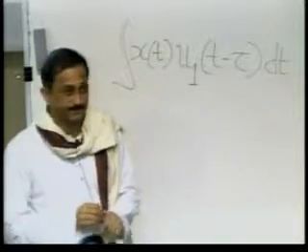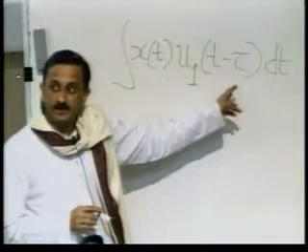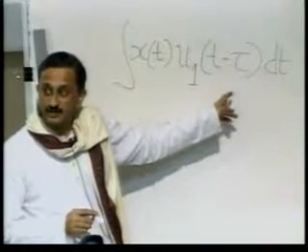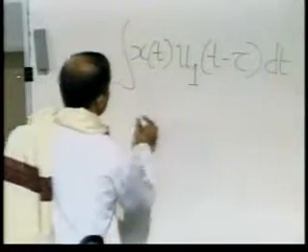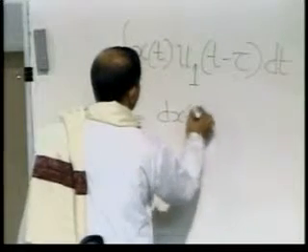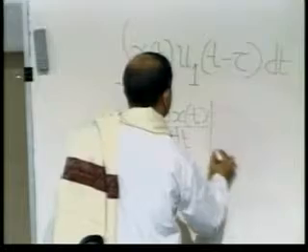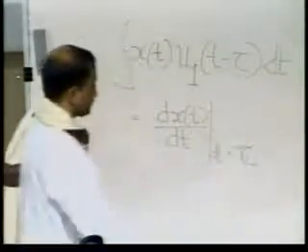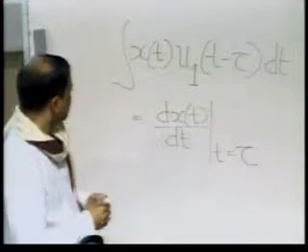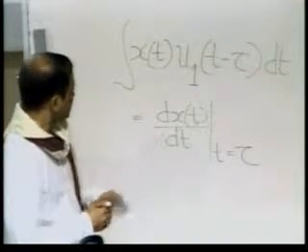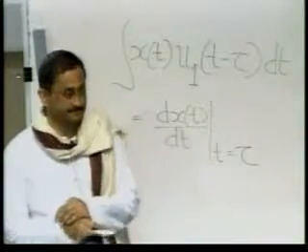What would this do? This would essentially pick up the derivative of the function at t equal to tau. So this would give us dx(t)/dt evaluated at t equal to tau. That's all right. The derivative of x(t), right?